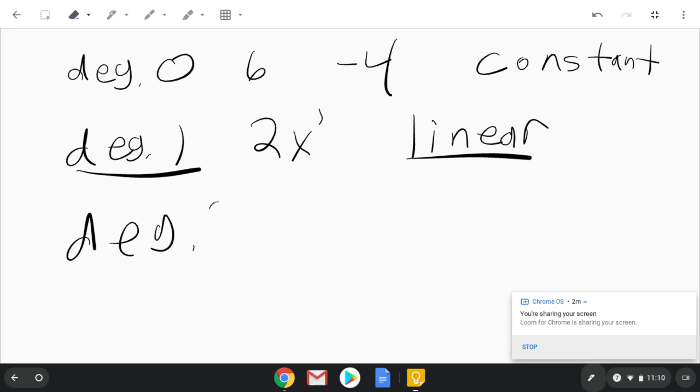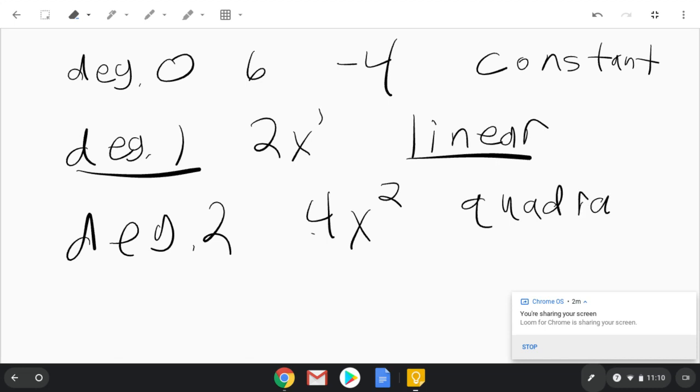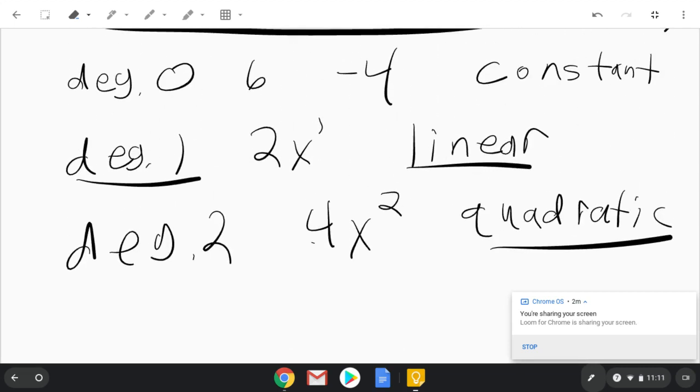And degree 2. Let's go with 4x squared. This is called quadratic. Anything raised to the second power, if it's a polynomial where the highest power is a 2, we call it a quadratic. So degree 0 is constant, degree 1 linear, degree 2 quadratic.